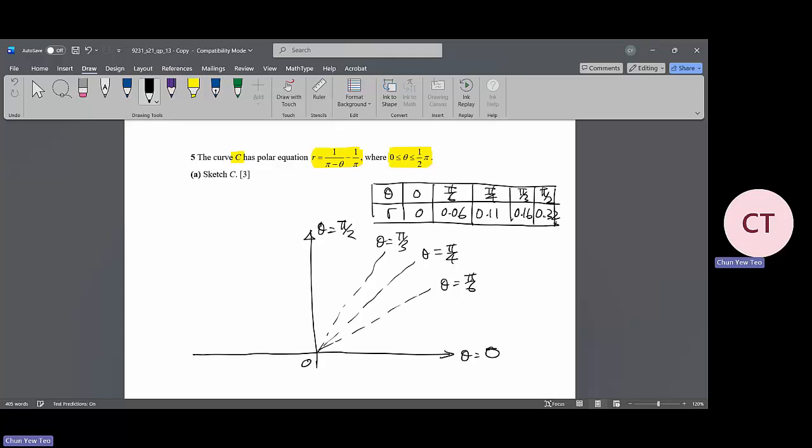So just plot the point starting from 0, pi over 6, pi over 4, then pi over 3, and here. So you can see that your graph will be somewhere like this. Because I didn't draw with a proper scale, my graph may not look exactly the same. However, you can refer to the mark scheme for the actual graph. Your graph will look something like this. So this will be the graph for the question number 5A.